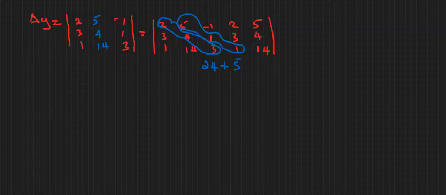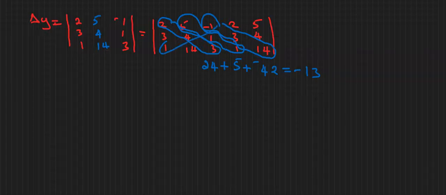That gives us 5, plus negative 1 times 3 times 14, that is negative 42. And therefore 24 plus 5, which is 29, minus 42 gives us negative 13.